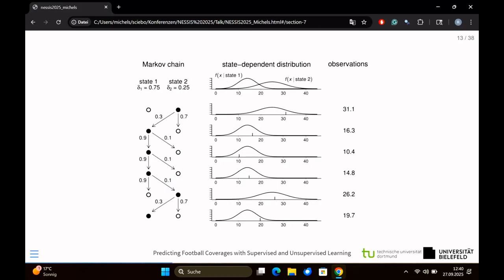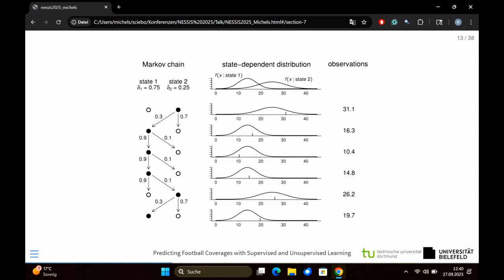Here is another plot of how you can view the hidden Markov model. On the left side, you see the Markov chain in time, and on the right side, which is very important because we will see the connection to our specific case in a minute, are the state-dependent distributions. I said the observations are generated by N state-dependent distributions.